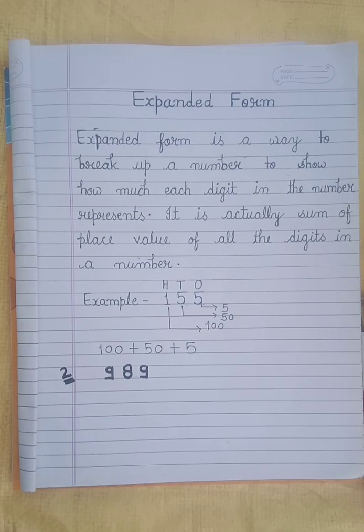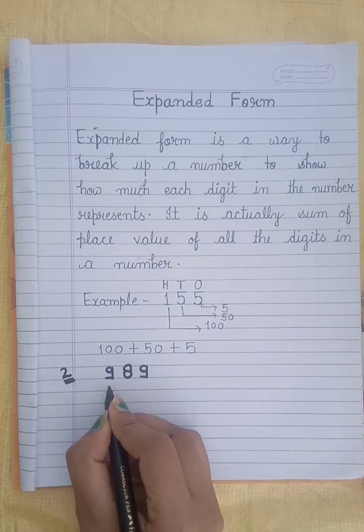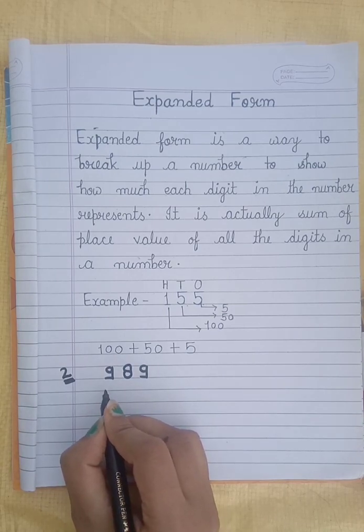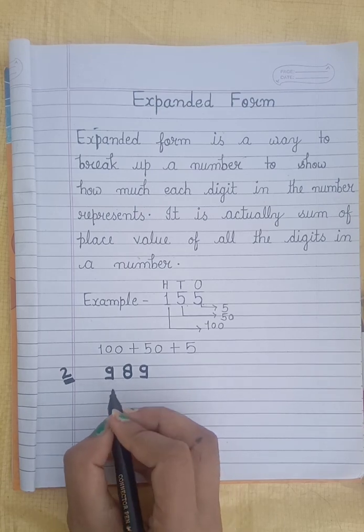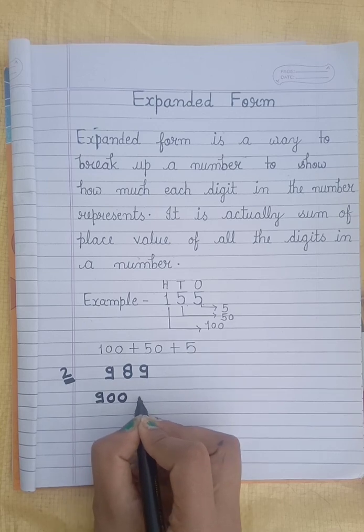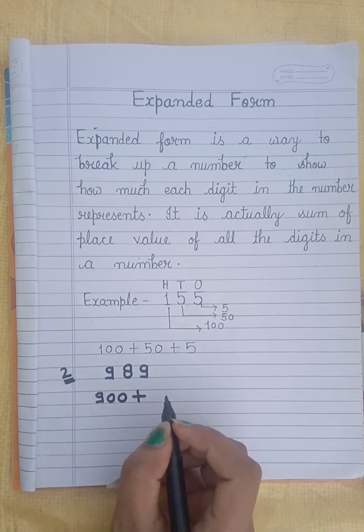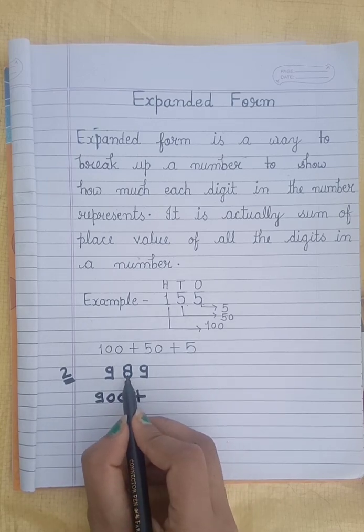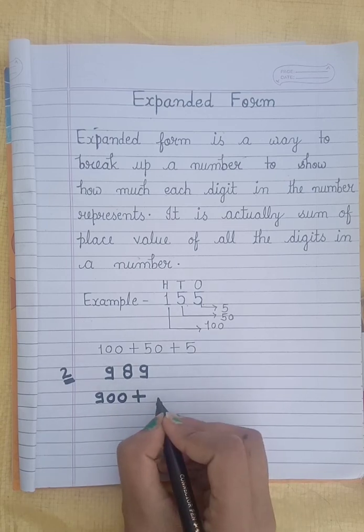Here the place value of 9 under the hundreds place is 900. So we can write it as 900, then put the sign of addition, and then 8 is at tens place, so its place value is 80.